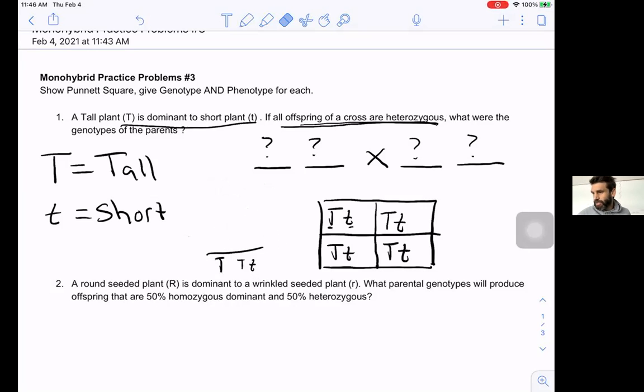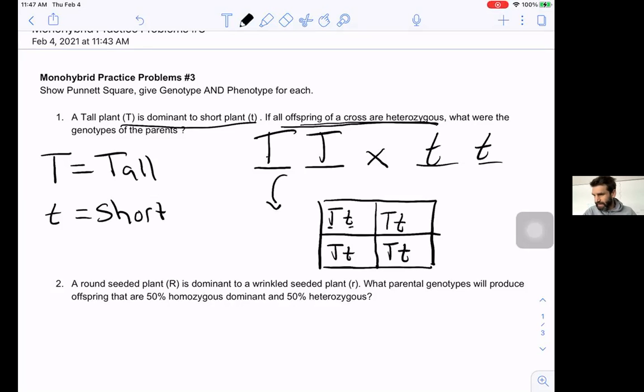What I think this question was really trying to get at, and I borrowed this from another resource, is that the best option is a homozygous dominant crossed with a homozygous recessive.